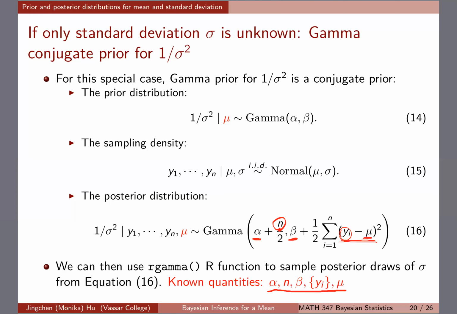So let me find the correct gamma density for you. I just want to start with a whiteboard so it's easier. So the prior for 1 over sigma squared is a gamma.